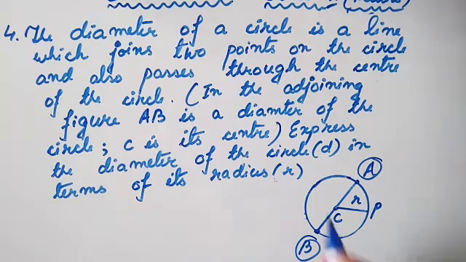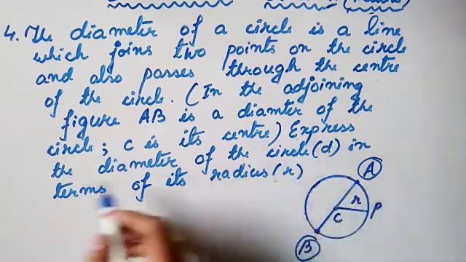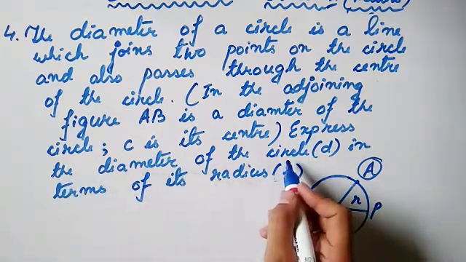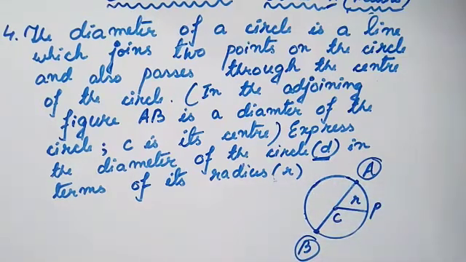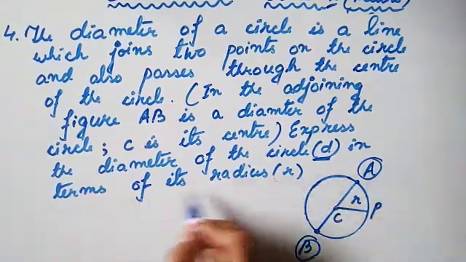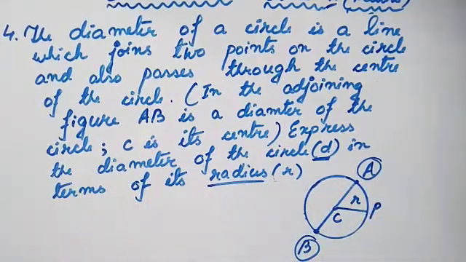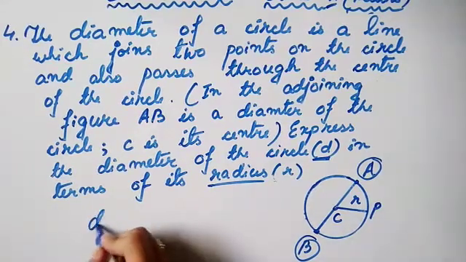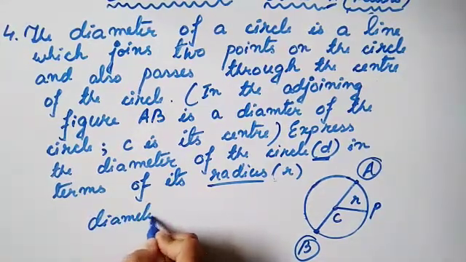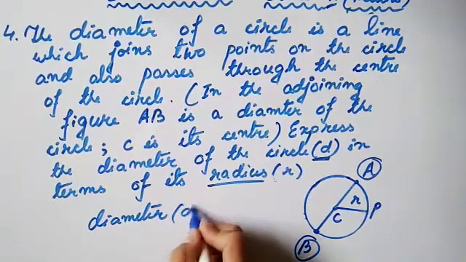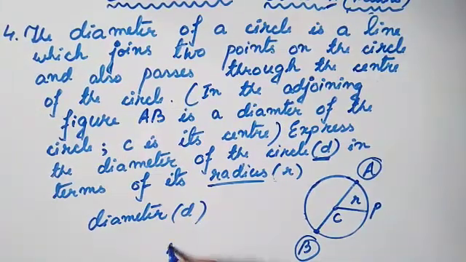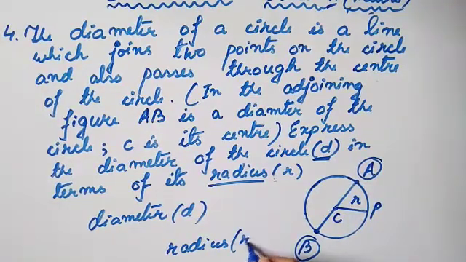Understood? So the question asks us, express the diameter of the circle, which is denoted by the variable D, in terms of its radius. Radius of this circle is denoted by the variable R. Understood?